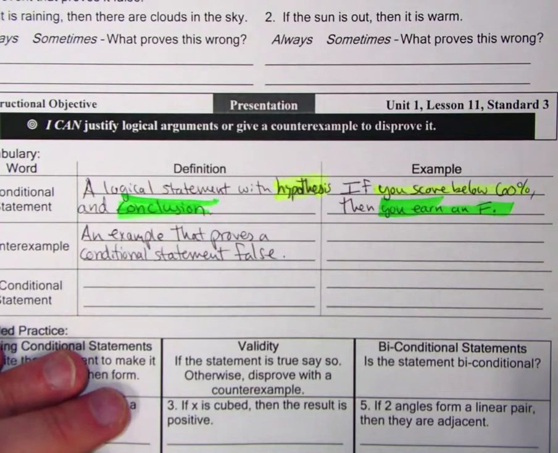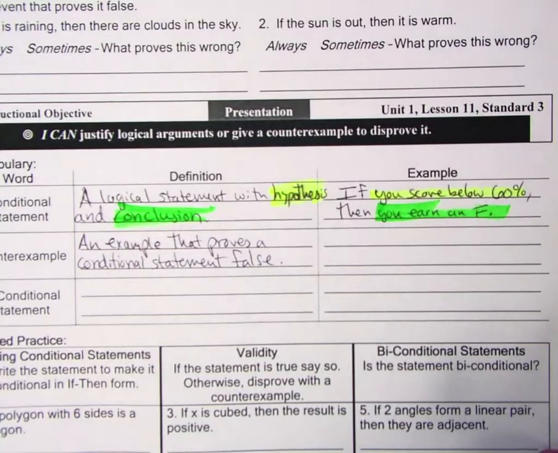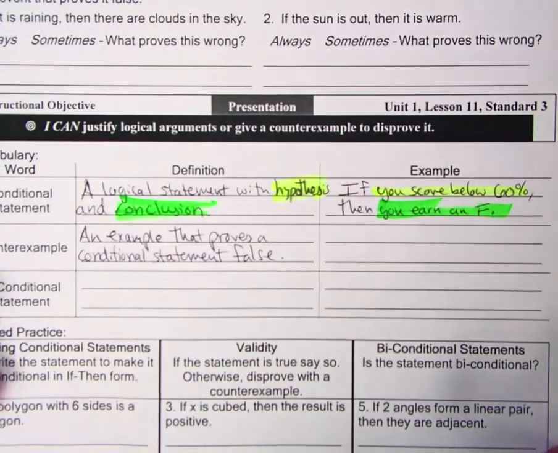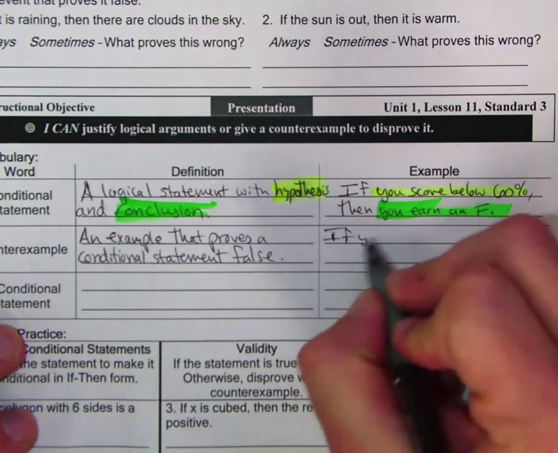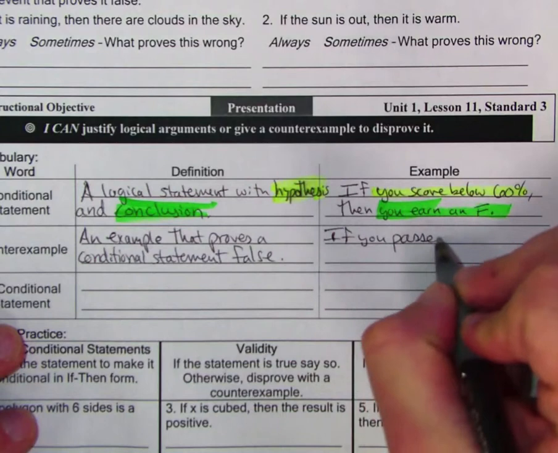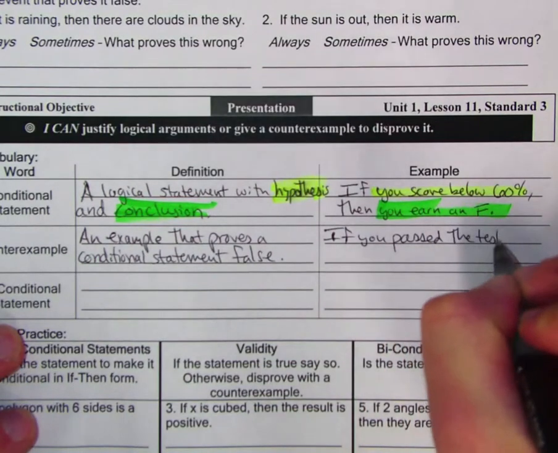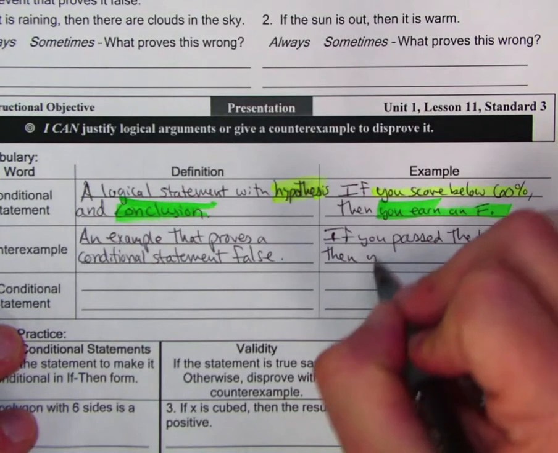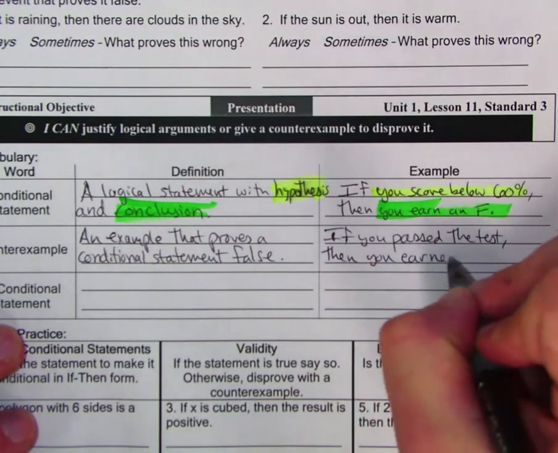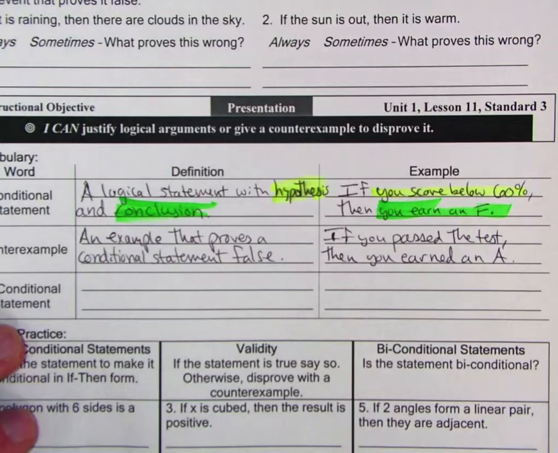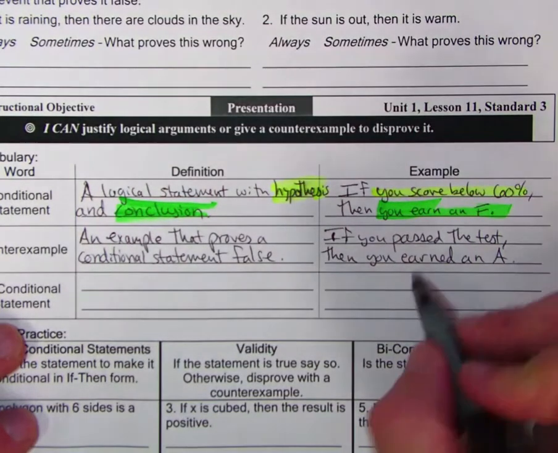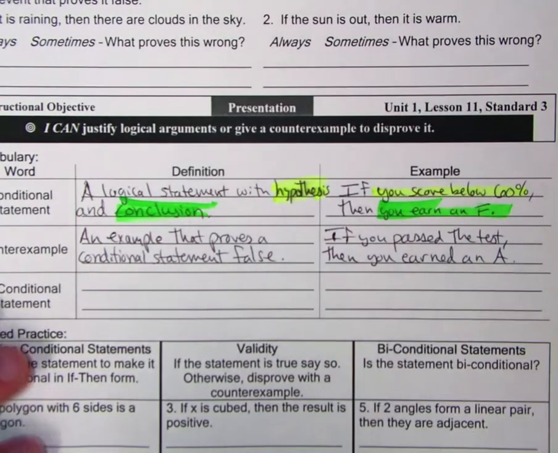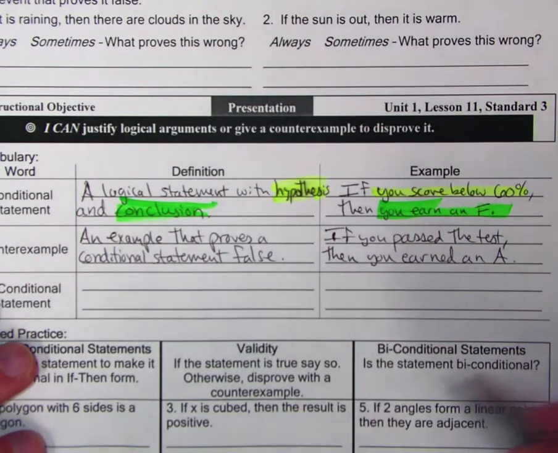So, for example, I could rewrite this and say that if you passed the test, then you earned an A. So what would be an example that proves that false? An example, and I only need one, because it has to always be true if it's going to be true.